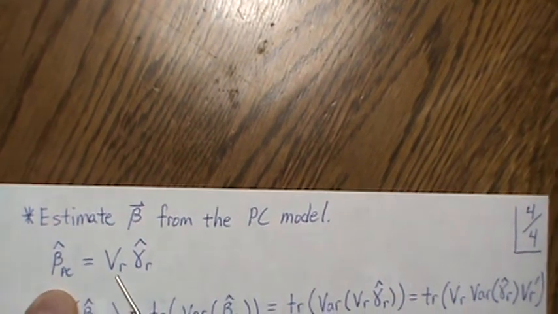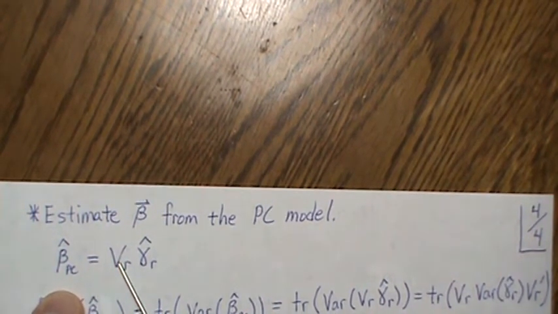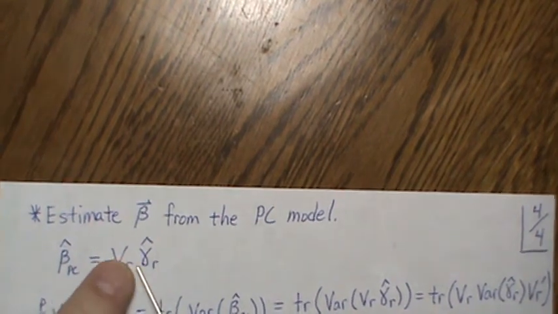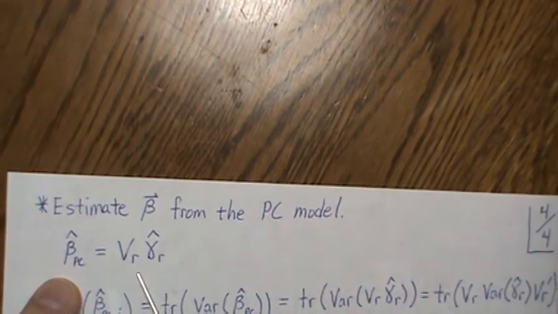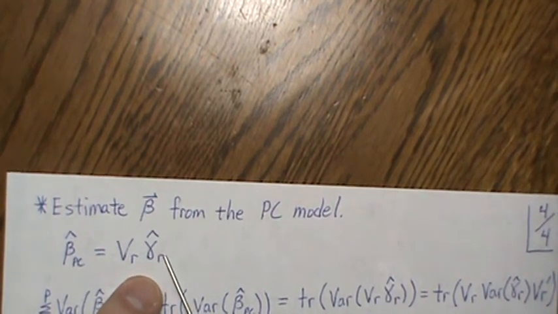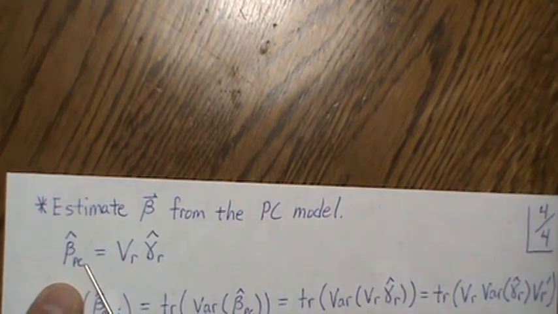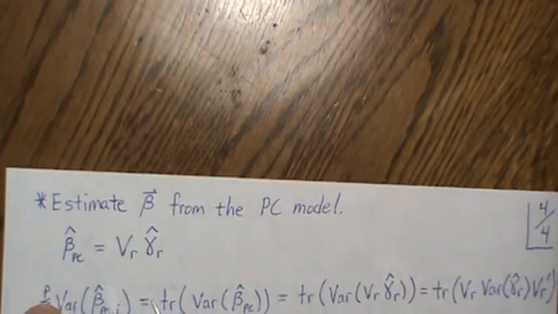Now in the canonical form, when we're not removing the ill-conditioned vectors, we just multiply V times our gamma, and then that reduces to beta. But we've removed it, so we multiply VR times our least squares estimate, gamma R hat, and that's called our principal components estimate for beta.